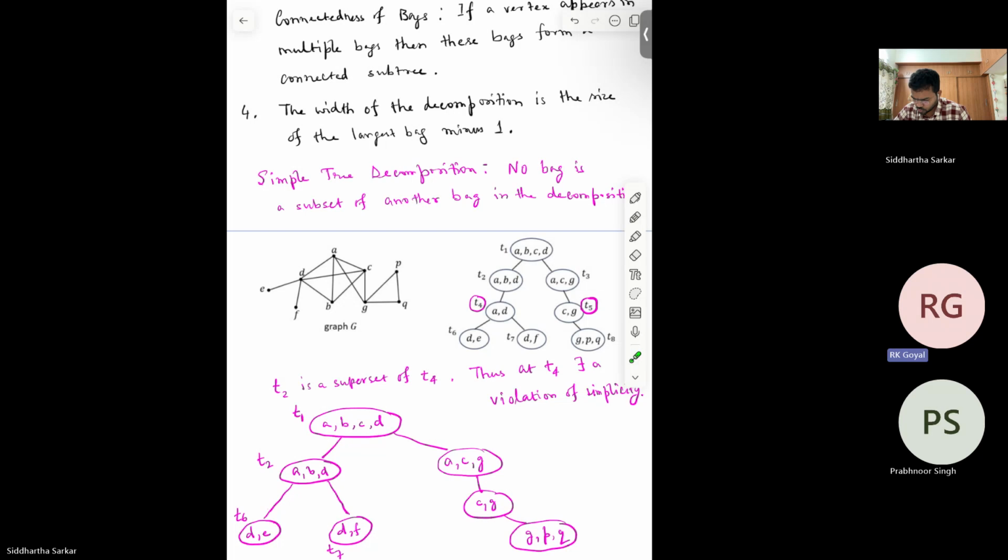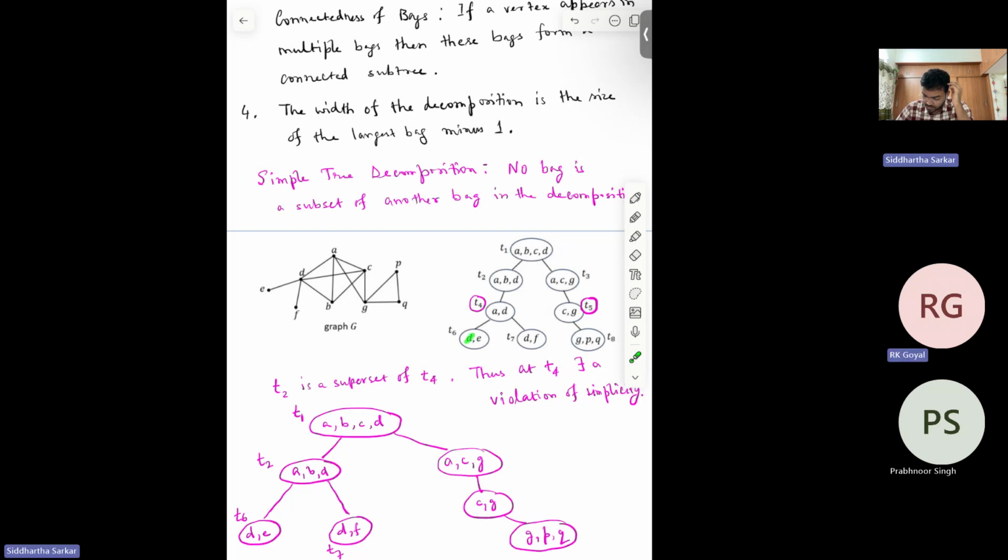So the vertices that have been part of the deleted bag, if at all they became disconnected, there is no way they can become disconnected, because the children of the deleted bag are made to connect to a superset bag.